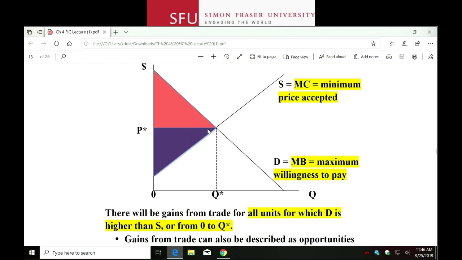Okay, so there will be gains from trade for all the units for which the demand curve is higher than the supply curve. So that's from here to here, so from 0 to Q star.